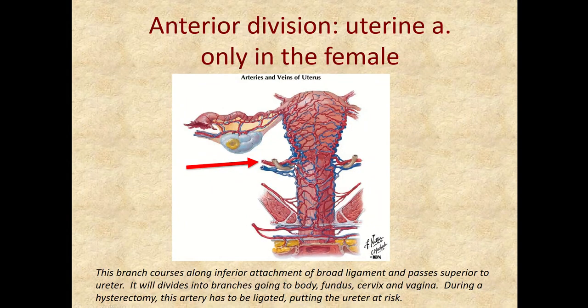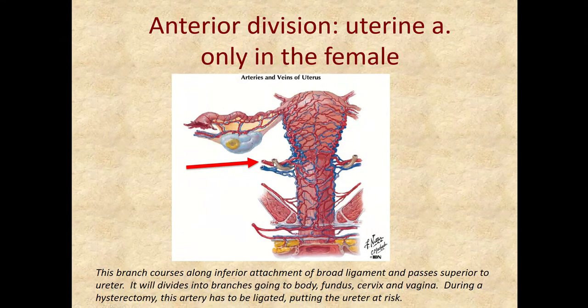It actually throws a branch inferiorly to parts of the vagina, the pelvic part, and then it comes up and makes this beautiful plexus of vessels here on the side of the uterus, and comes up here to anastomose or come in and also join parts of the ovarian artery.